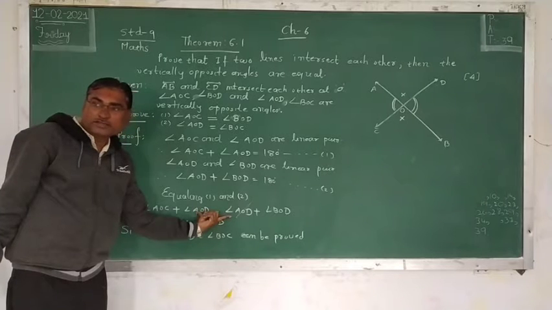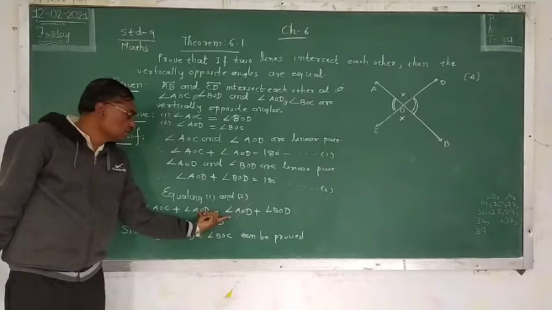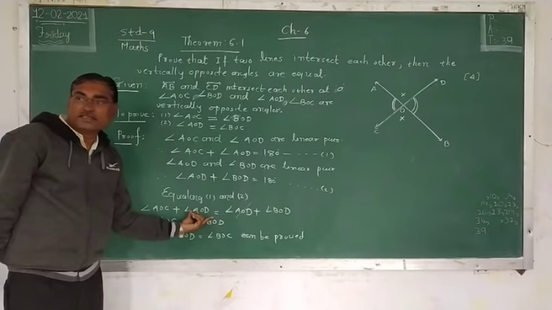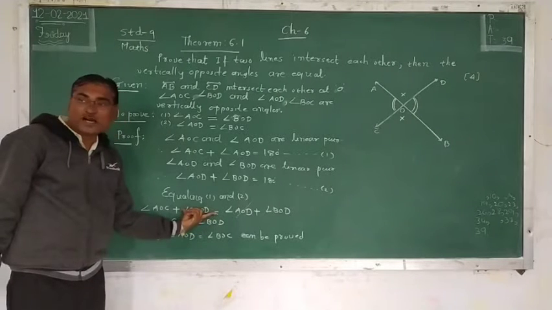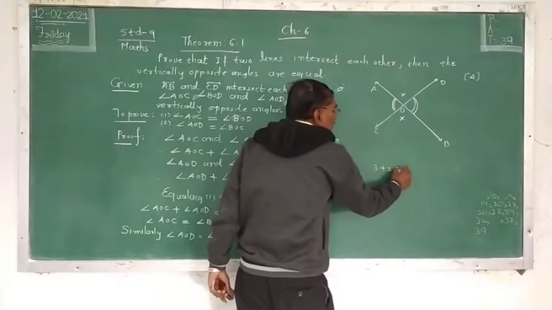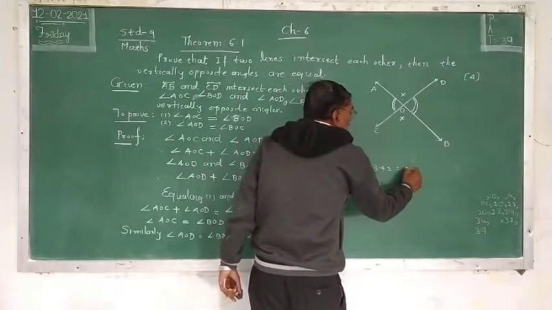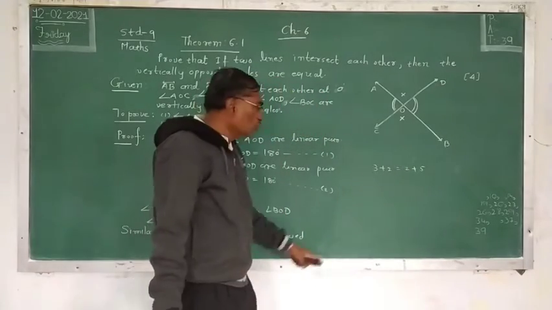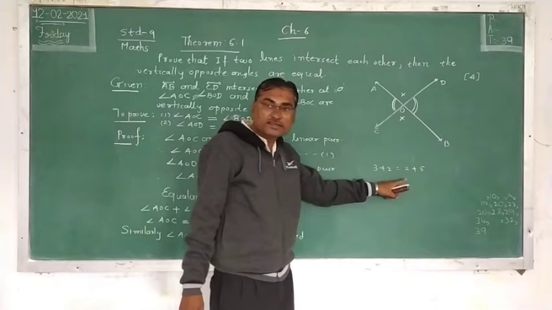Yes. Someone says there is no minus, plus and minus will cancel, but how do plus and plus cancel? So see, suppose 3 plus 2 equals 2 plus 5. Can 2 be cut or not? Cut.